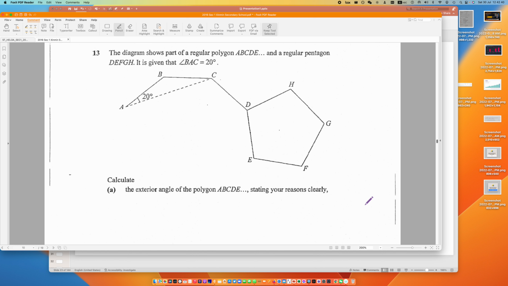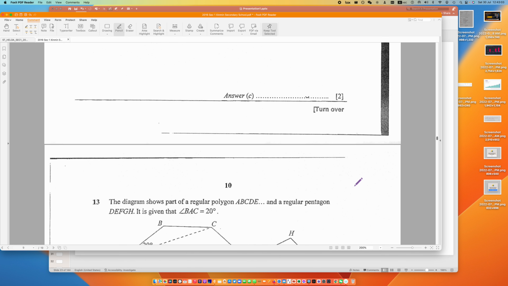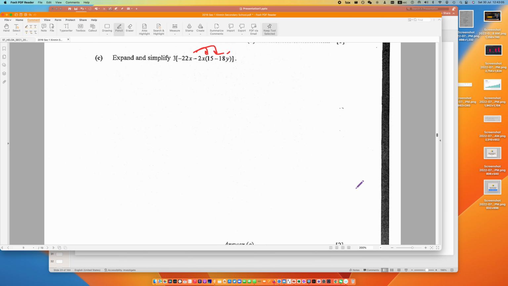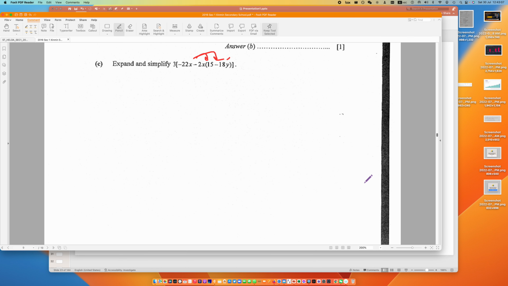So if they ask you to expand and you go and factorize, does it make sense? No. Okay? So basically you just expand, no need to factorize.